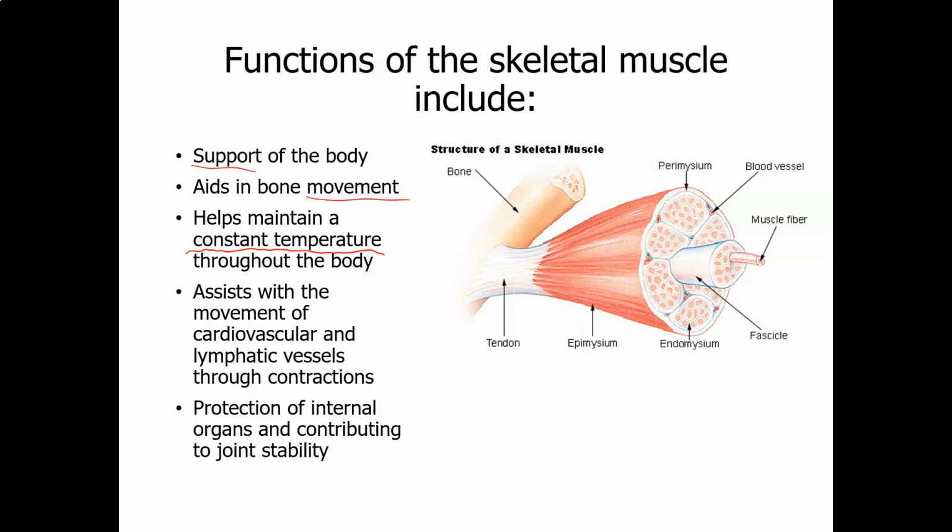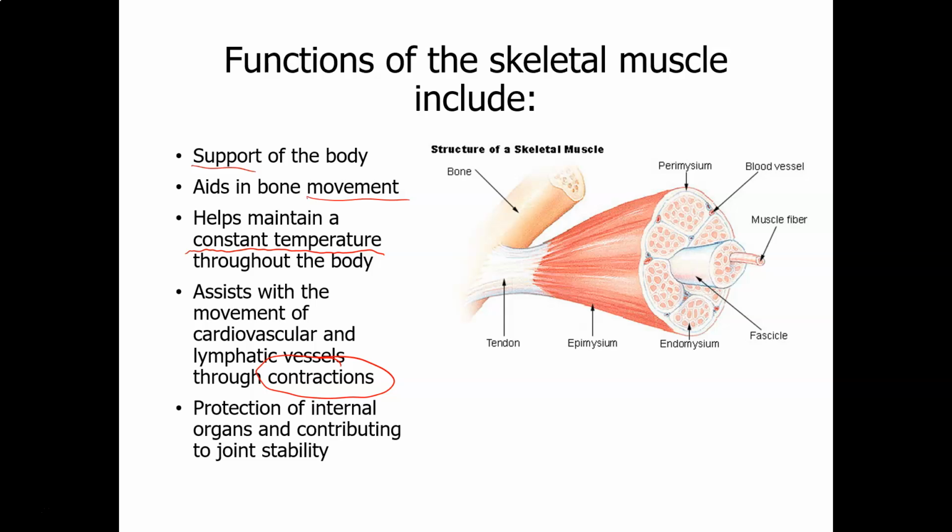The more you move your muscles, the more body heat you generate. Skeletal muscle assists with the movement of cardiovascular and lymphatic vessels. In other words, your blood vessels and your lymphatic vessels. When skeletal muscle contracts, in other words, the more you move, the better your circulation is going to be.